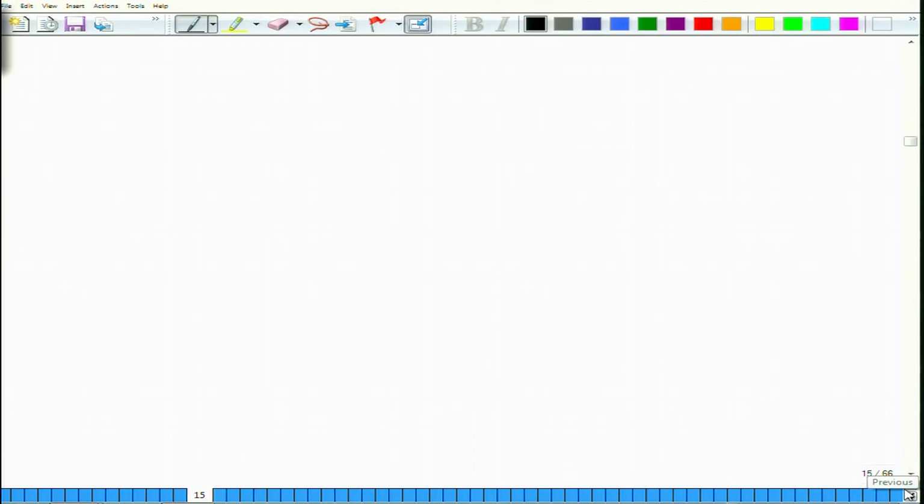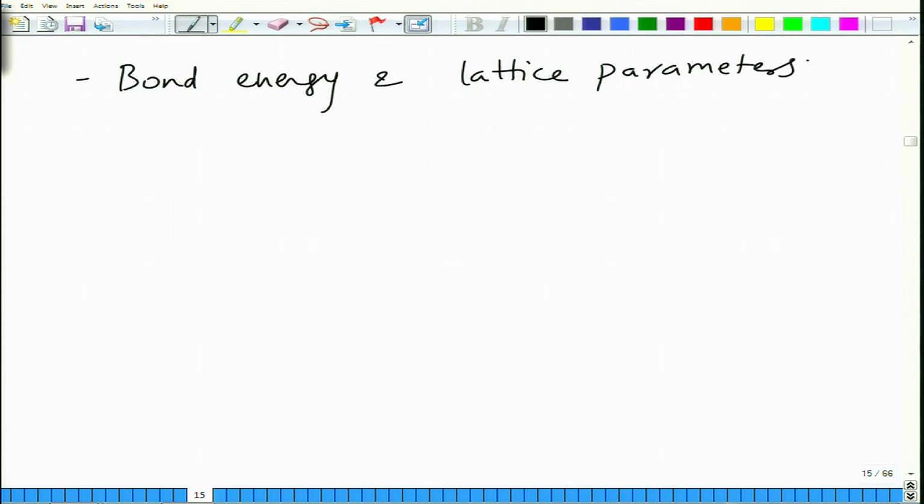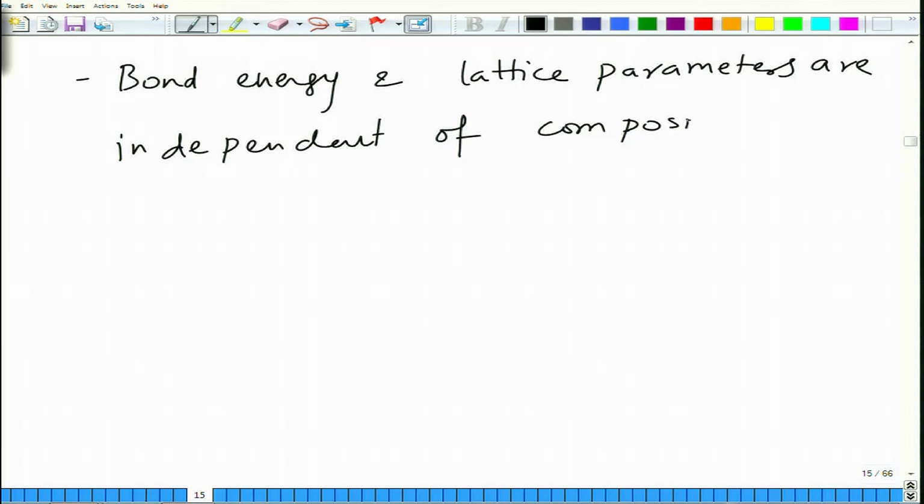And another thing is that bond energy and lattice parameter are independent of composition. So, all we have changed with respect to the ideal solution is that we have taken the bond energies to be different for AA, AB and BB bonds.